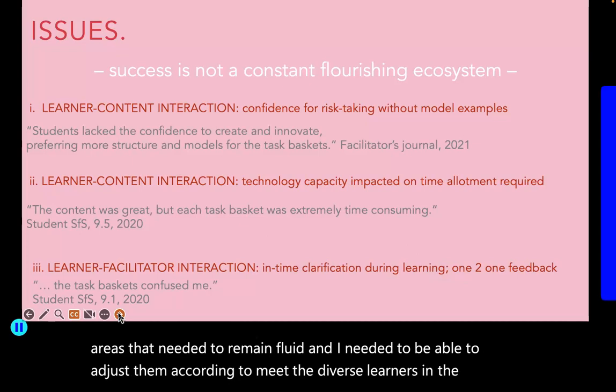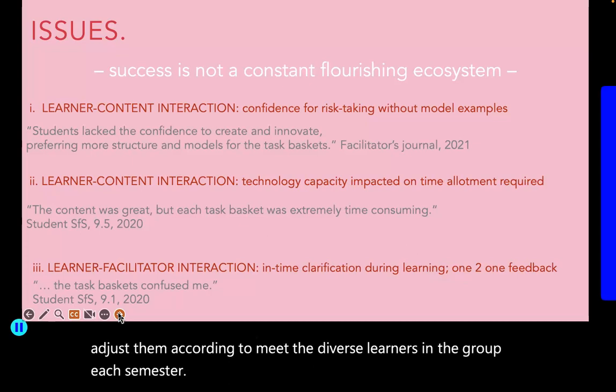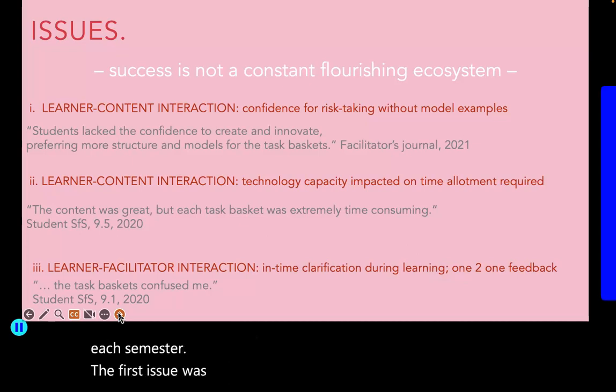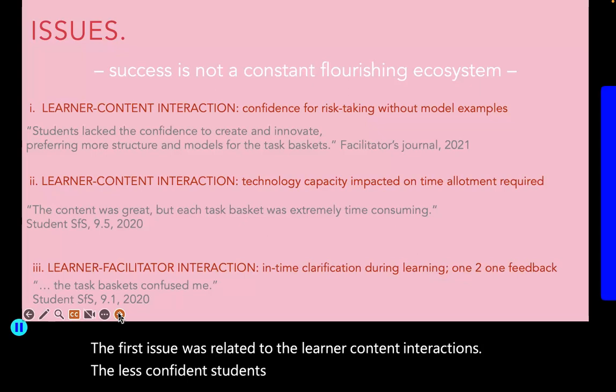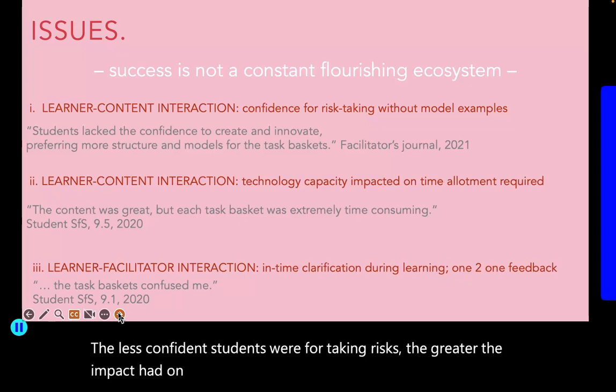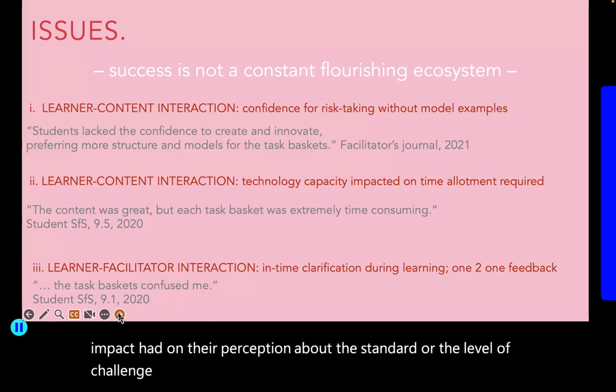The first issue was related to the learner content interactions. The less confident students were for taking risks, the greater the impact had on their perception about the standard or the level of challenge expected of the course.